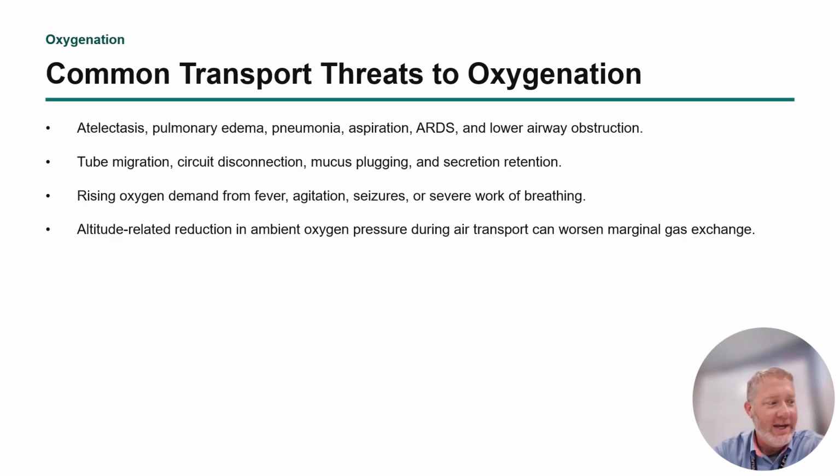So your job is to anticipate these threats while you're en route, instead of waiting for their sat to tank and then they crash and then you have to fix it. Being proactive with proper oxygen delivery, based on FiO2 and the oxygen device, can help save you a lot of trouble should things go south.